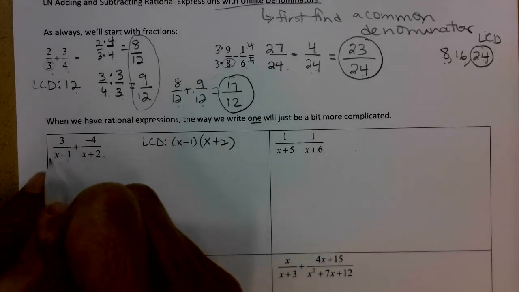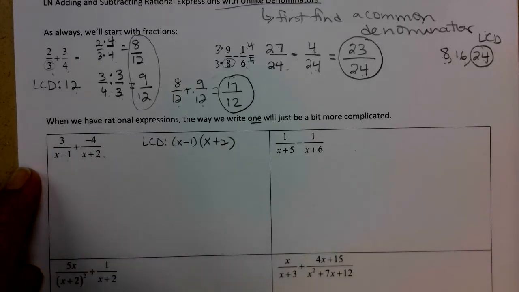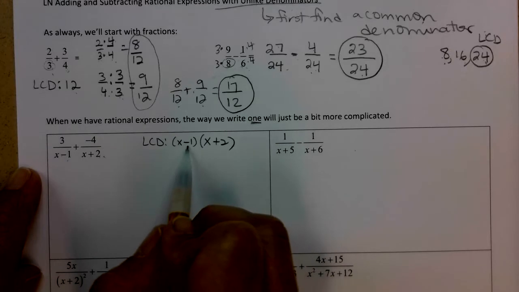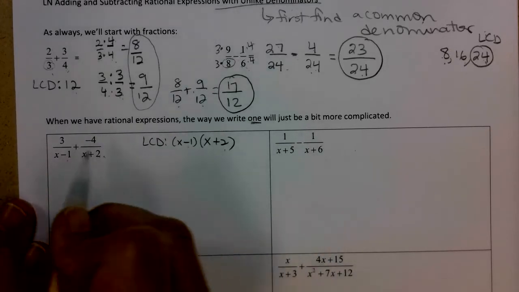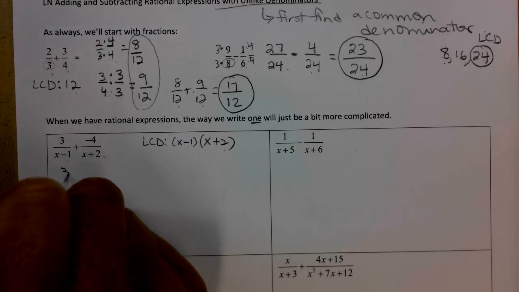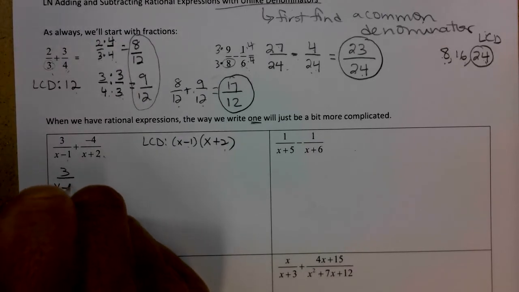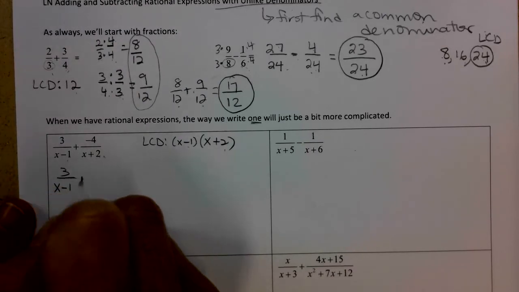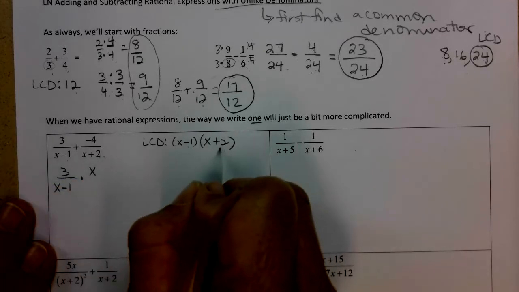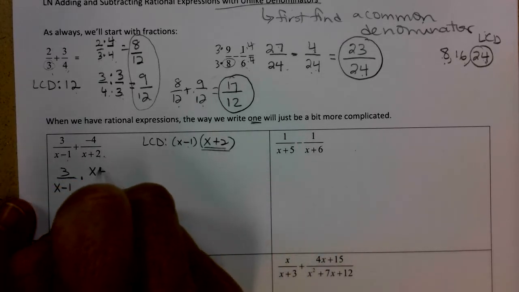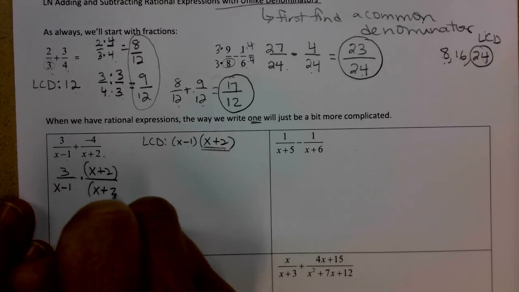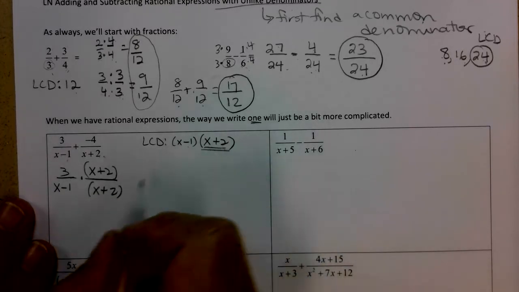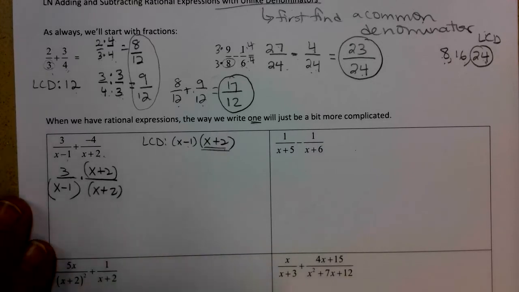So then you want to look at that first fraction and see what kind of help it needs to have x minus 1 times x plus 2 as its denominator. So I need to take that 3 over x minus 1 and multiply it top and bottom by the factor x plus 2 that it was missing. And I have a whole lot of binomials, these x plus 1s, x minus 1s, and everything, so I'm going to go ahead and wrap those in some parentheses.